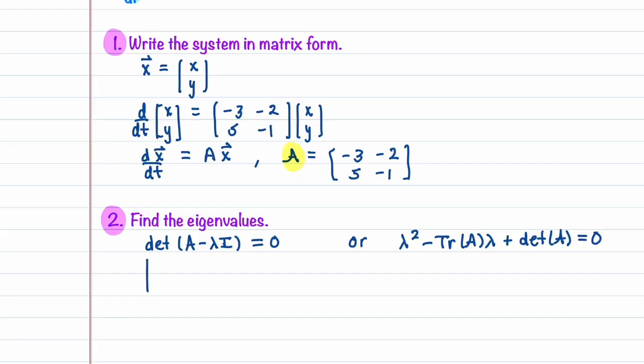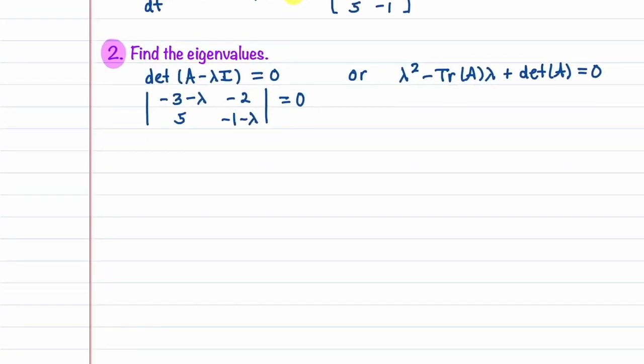We have our determinant A minus lambda I. That just means that we're going to subtract lambda off the main diagonal elements. And we're going to set that equal to 0. This gives us minus 3 minus lambda times minus 1 minus lambda minus 2 times 5.